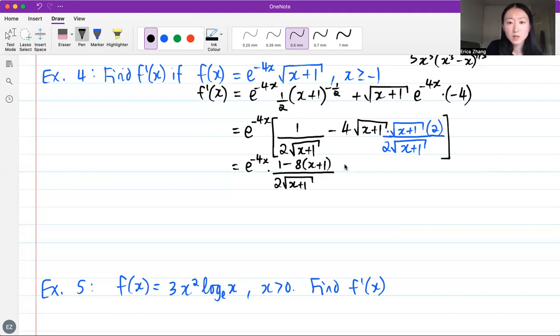So simplifying, we get, and let's put our e in the denominator as well. Right, so it becomes a positive index here, e to the positive 4x, square root of x plus 1. So in the numerator, 1 minus 8 times 1 is 1 minus 8, which is negative 7, and then minus 8x. Done.